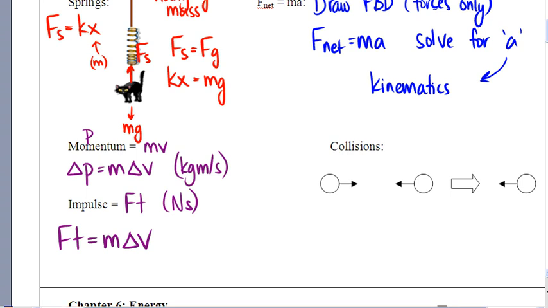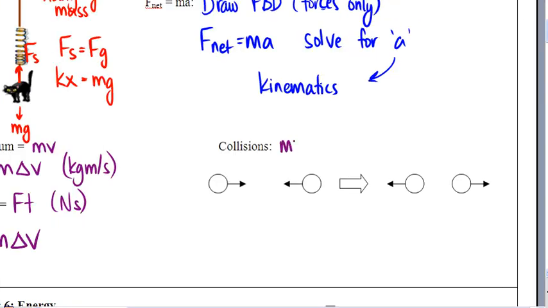We then moved into collisions, which was all about conservation of momentum. And this is always the case. Momentum is conserved. So what we want to talk about then for momentum is what kind of momentum do we have before versus after the collision.